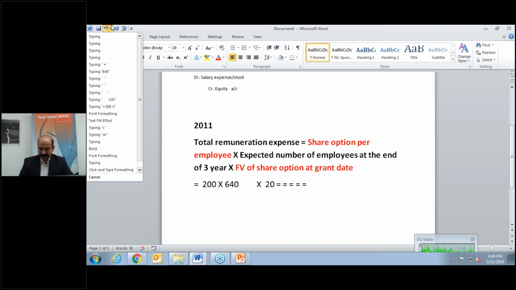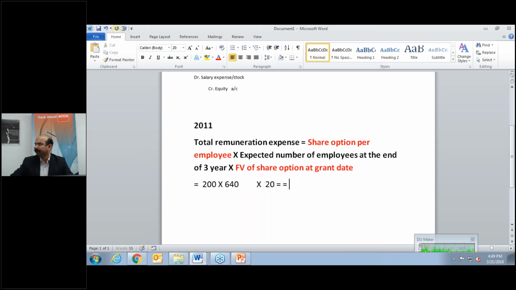This will give us a figure of 25,60,000, 25 lakh 60,000. This will be the figure.